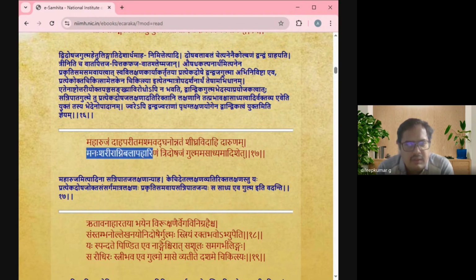So if you see the features of Tridoshaja Gulma, you get an idea of metastasis. Up to here, Vataja Gulma, Pittaja Gulma, Kaphaja Gulma, it is localized, usually with some systemic features.